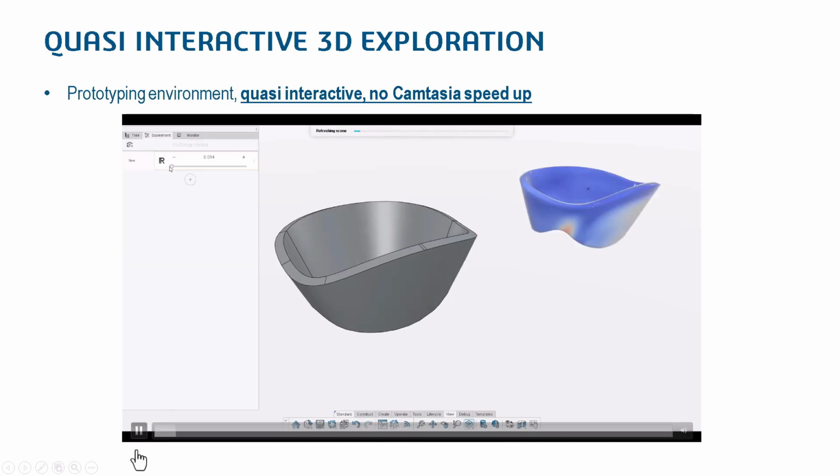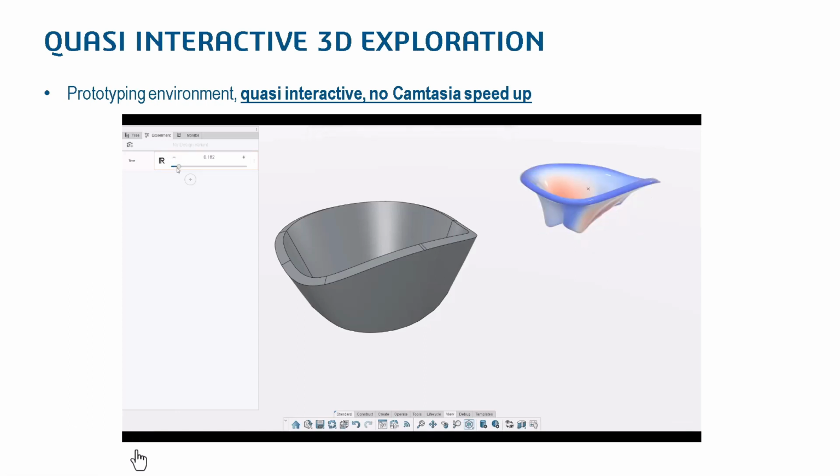This video shows a prototyping software interface demonstrating how a 3D model surrogate can be used for semi-interactive 3D exploration, leveraging the machine learning technology that I just described, and that we are in the process of embedding as core features in our products.